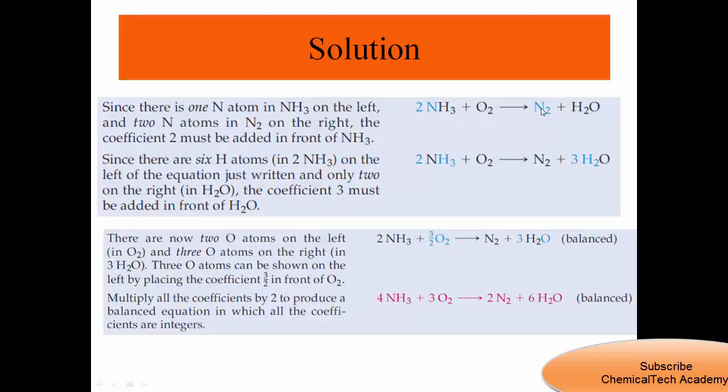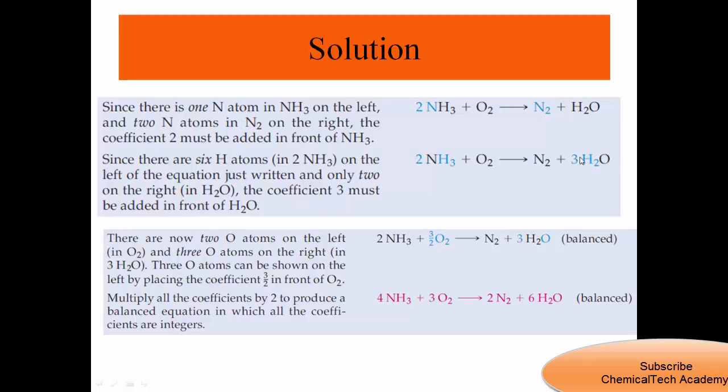2 here, 2 here. Next, since there are 6 H atoms, or hydrogen atoms, in 2 NH3 now, on the left hand side of the equation just written, and only 2 of them on the right hand side. So here we have 6. 2 times NH3, we have 6 here, and on the right hand side we have only 2. So we need to multiply this by 3.